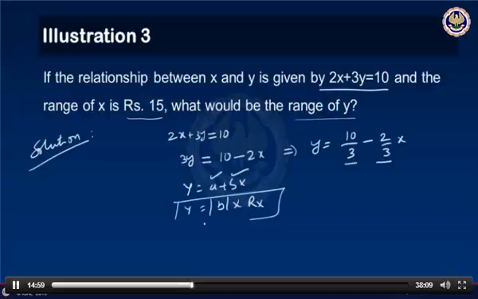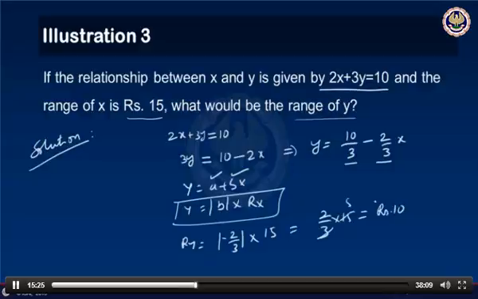Using that property, we want to find the range of y. This is the modulus of minus 2 by 3 into range of x, which is given in this question as 15, so 2 by 3 modulus into 15. Three fives are fifteen, so rupees 10 is the range for this data.